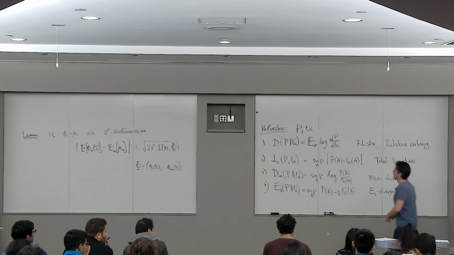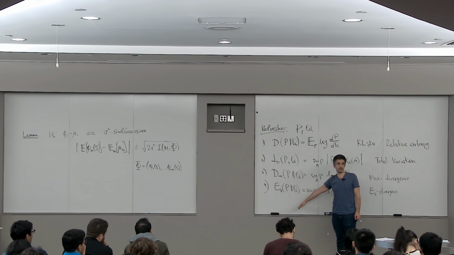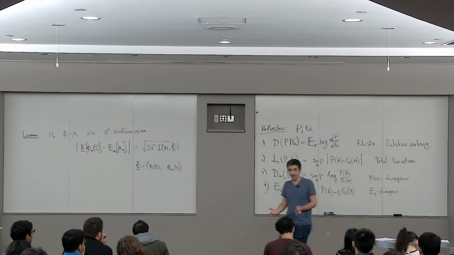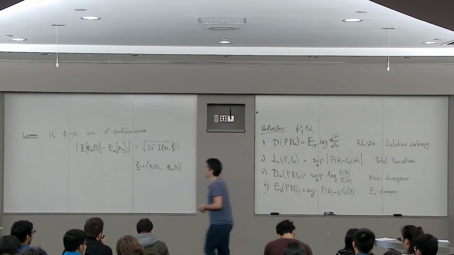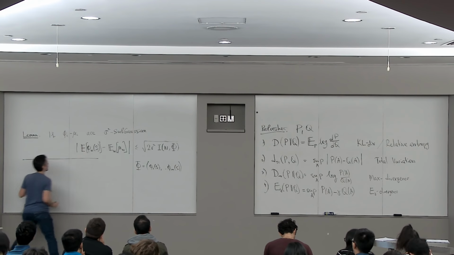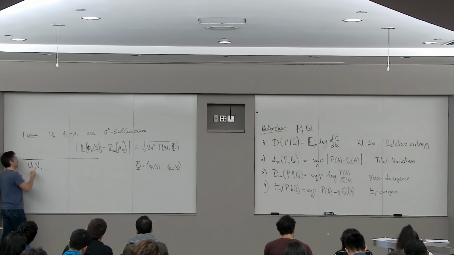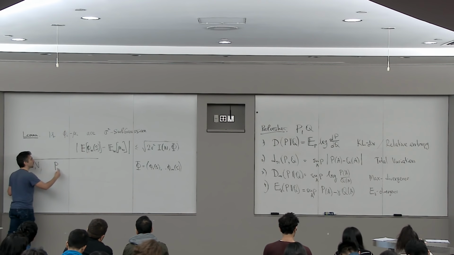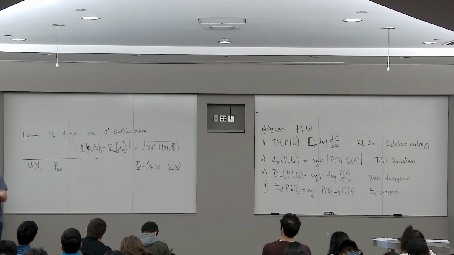Now take any one of these as a measure of distance, and it will give you a measure of dependence or independence between random variables. How? Well, if two random variables, let's say U and V, have a joint distribution P_UV, so they're dependent.